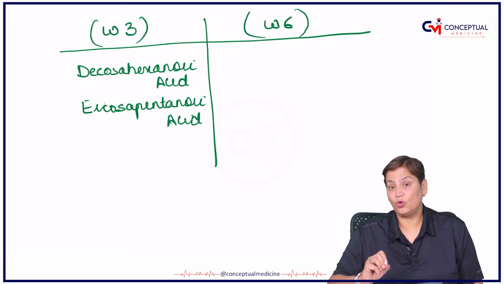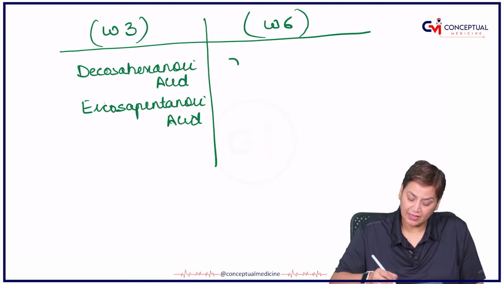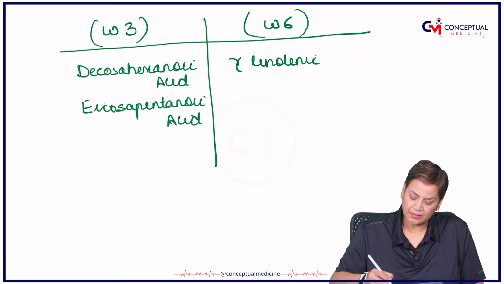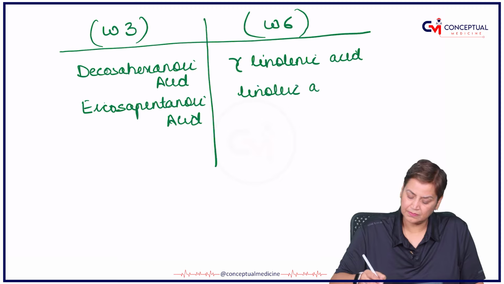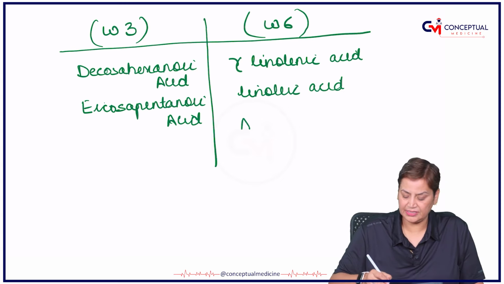And if we talk about omega 6, it includes gamma linolenic acid, linoleic acid and arachidonic acid.